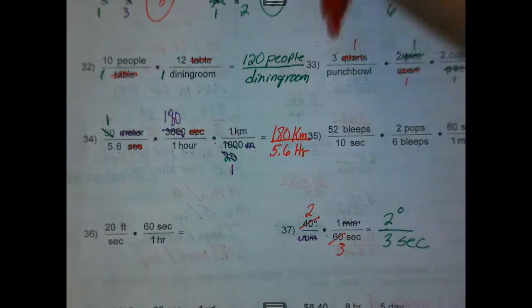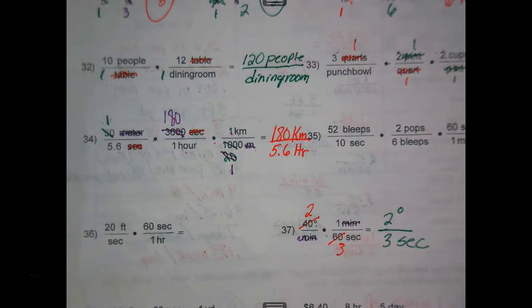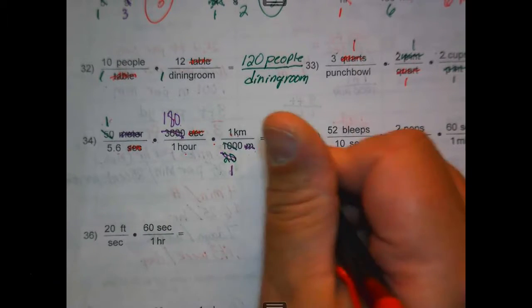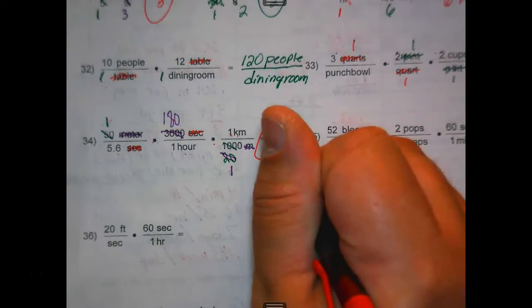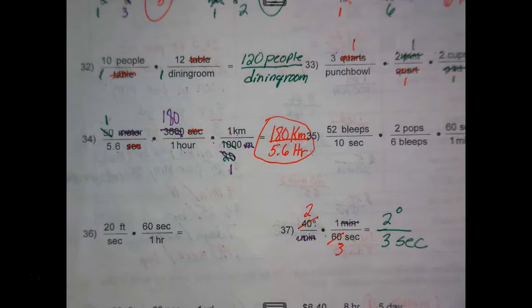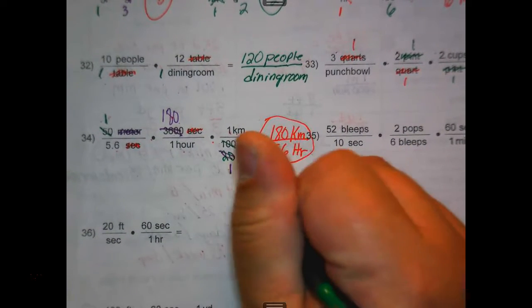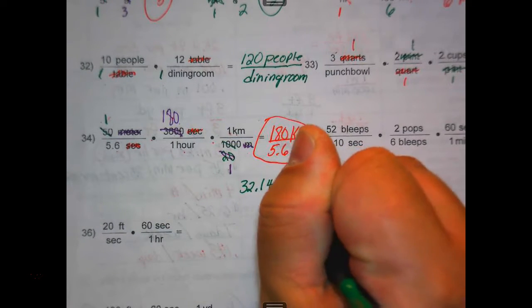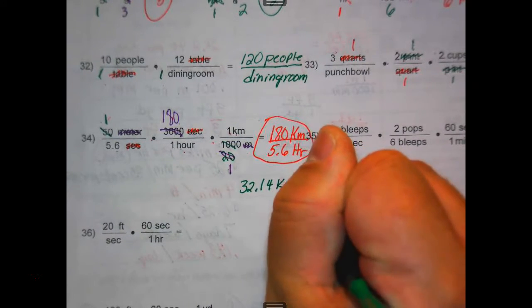Now, do the directions say to put it in as a unit rate? If it says it has to be used for unit rate, that means we have to have 1 on the bottom. Then we would have to actually do the dividing. So you can get away with this answer because it doesn't say to put it in unit rate. But the unit rate for this is going to be that decimal, 32.14 kilometers per hour.